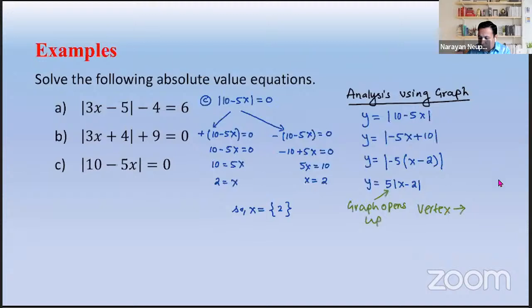Now in this one, the number here is a -2. So when you change the sign, it will be +2. And then there is no number after this absolute value. Because there is no number after this absolute value, we can write it as 0. So the vertex is 2, 0.